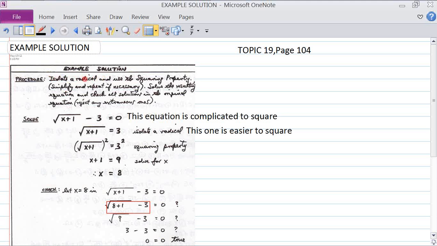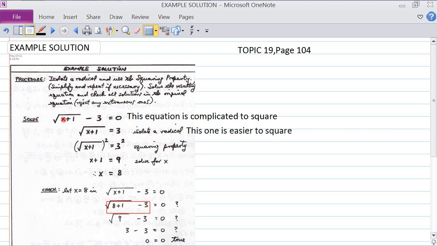That's very important, to isolate the radical, and use the squaring property. We're going to explain why. Simplify and repeat if necessary. If you still have another square root sign, do it again. Solve the resulting equation and check all the solutions in the original equation. Reject any extraneous ones, meaning ones that don't work.